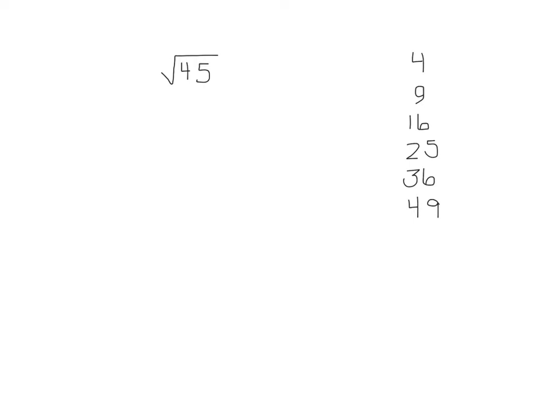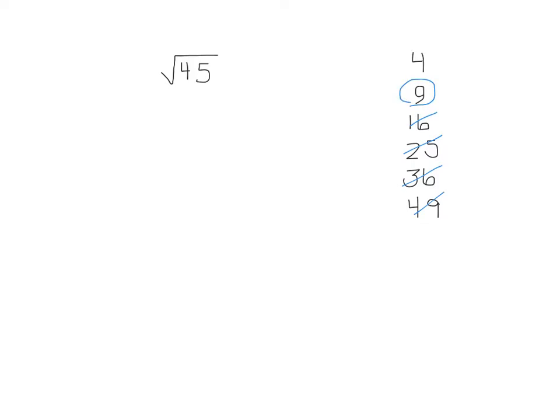So let's try that method again. Let's say we want to put into simplest radical form the square root of 45. Again, we want to find the largest perfect square that divides evenly into 45. Clearly, it's got to be a number less than 45. 36 doesn't divide into 45. 25 doesn't divide evenly into 45. 16 doesn't, but 9 does.